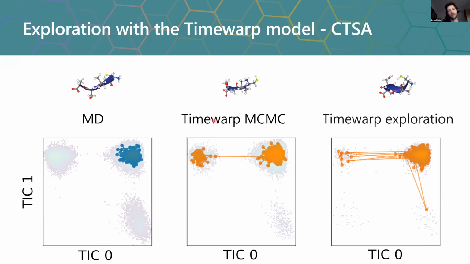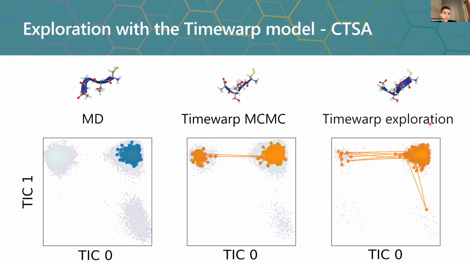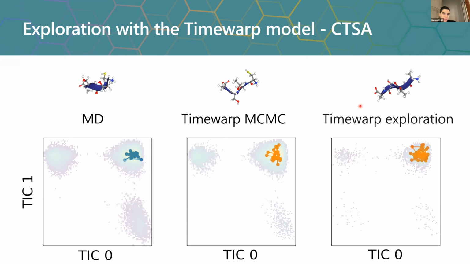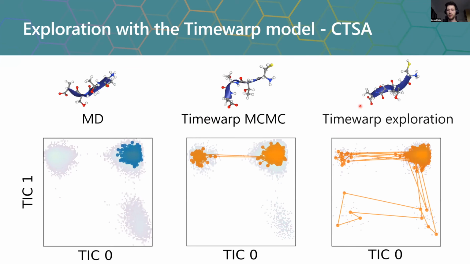And here the Timewarp MCMC eventually transitions as well. Here your exploration mode also goes into this bottom left corner, where there is actually no mode, right? Exactly. Excellent question. Here we discover a metastable state that is not discovered by the other two methods.